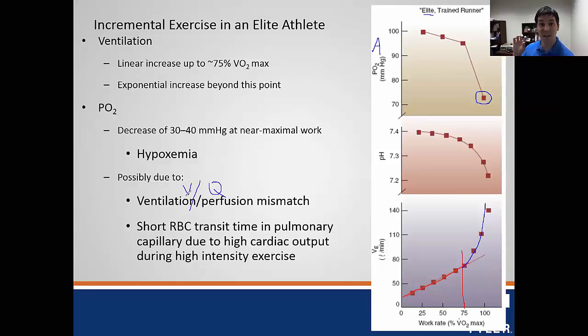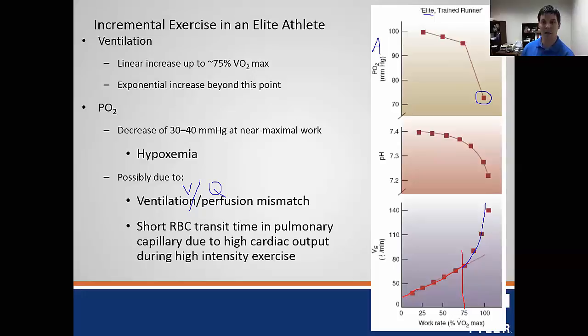What that does is it says that the amount of blood going to the lungs is a huge volume, and it's occurring really rapidly. So when it's really rapid, the red blood cell, you can think of it just zips through the capillary, doesn't spend enough time in the capillaries to get sufficient diffusion of oxygen from the alveoli into the red blood cells, and therefore we are unable to have adequate exchange of oxygen in the alveoli and can cause this exercise-induced hypoxemia. And that's a great example of why we talk about VQ, ventilation perfusion mismatch, and a beautiful example of it in physiology.